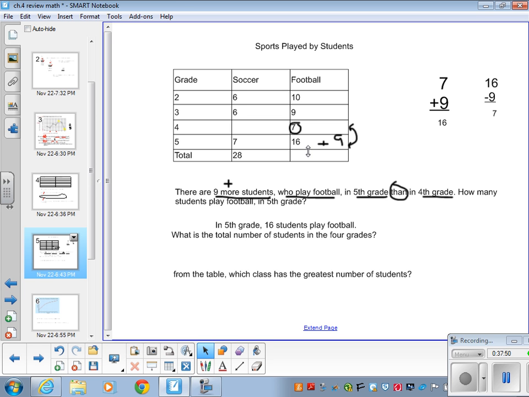To find the total, what do I have to do with the numbers in this column? If you said add, you're correct. I have to add 10 plus 9 plus 7 plus 16. Please pause this video and add those numbers now, and then check to see if you have the same answer as Miss Rosenberger.